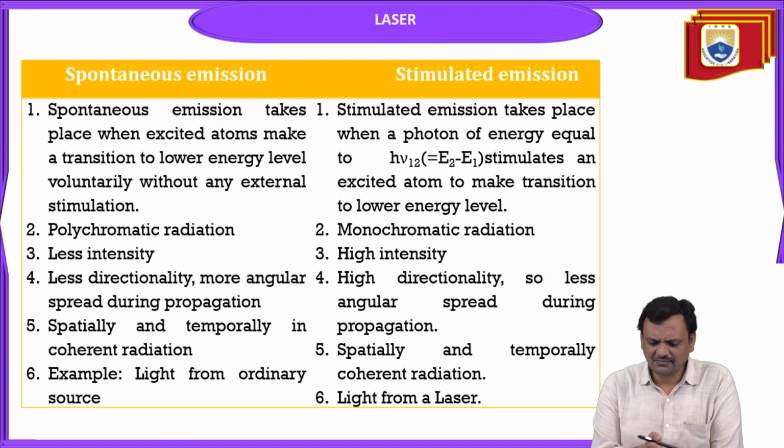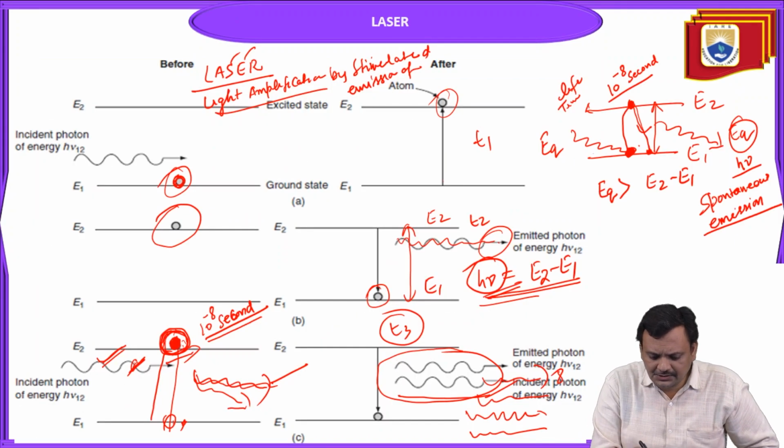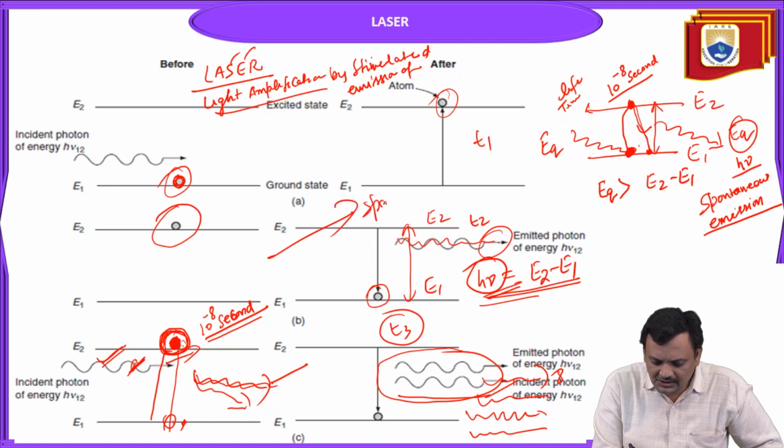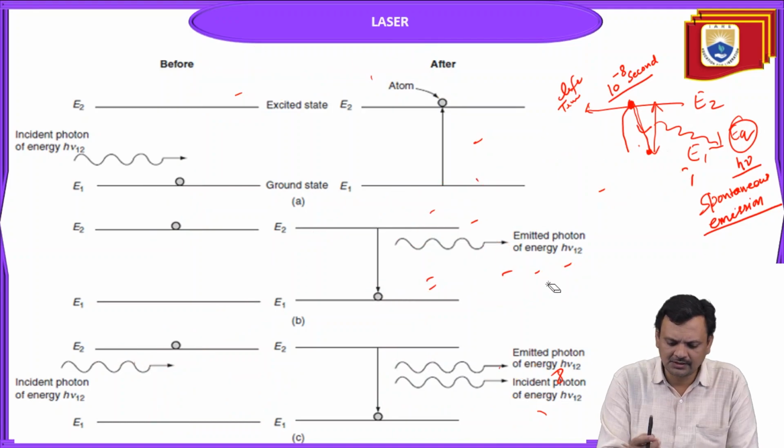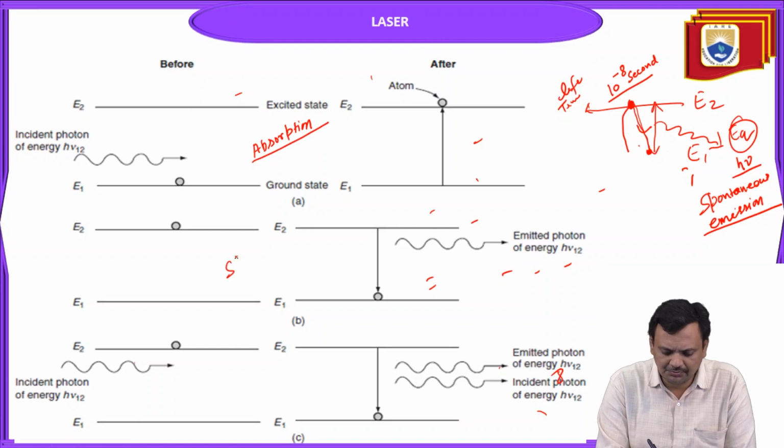Okay, so these are some differences between spontaneous emission and stimulated emission. This process is the spontaneous emission process. This first one is absorption. The second one is spontaneous emission, it happens naturally.